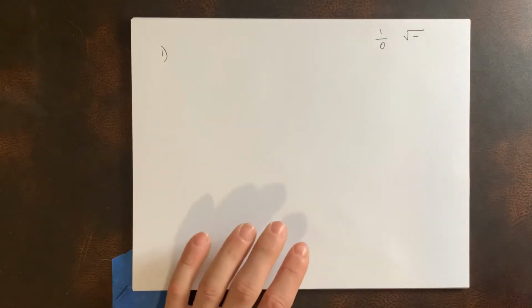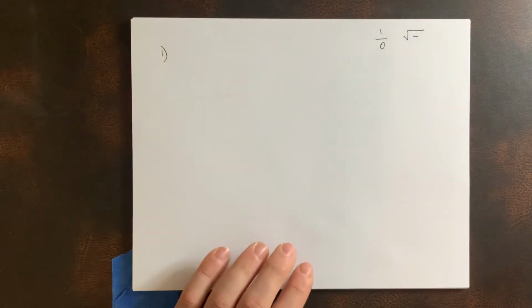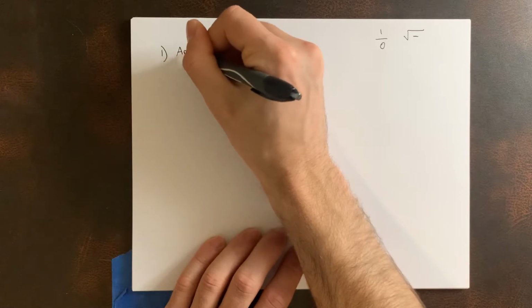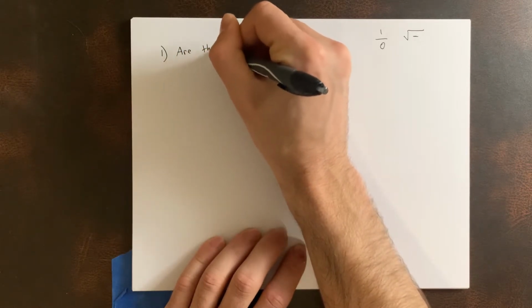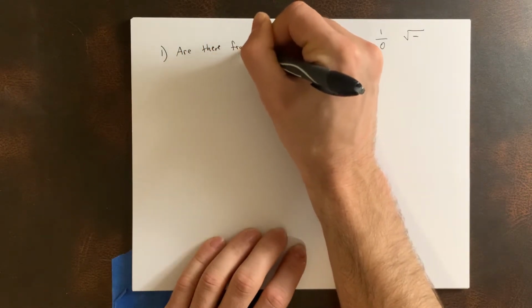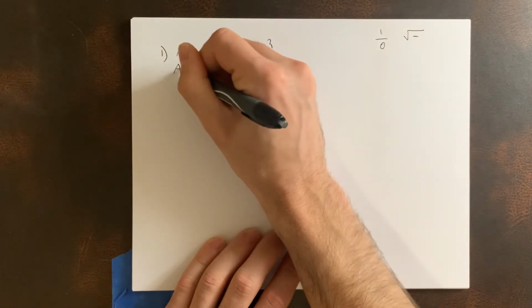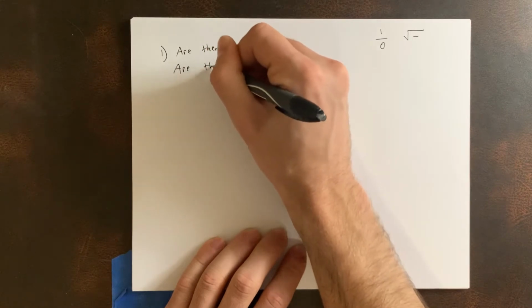So when we're trying to find a domain and we're given a problem, the first thing we do is ask ourselves two questions. The first is, are there fractions? And at the same time, we ask ourselves, are there square roots?